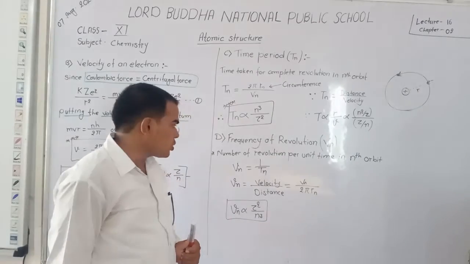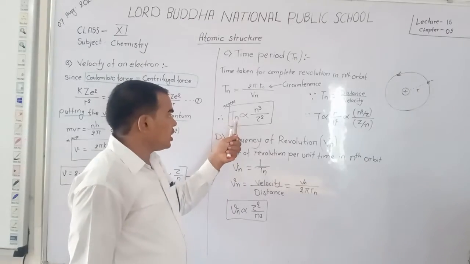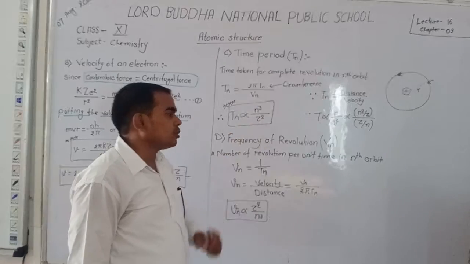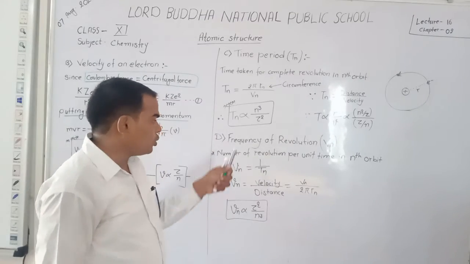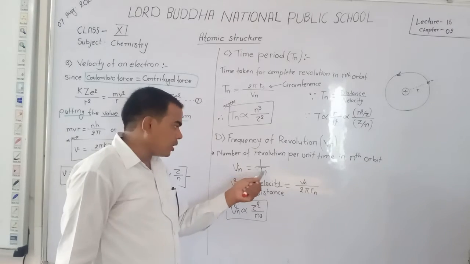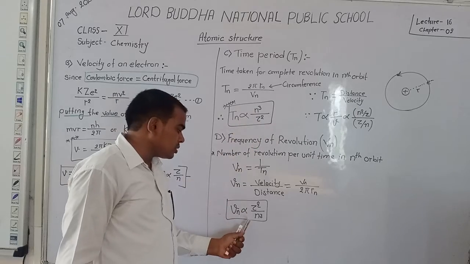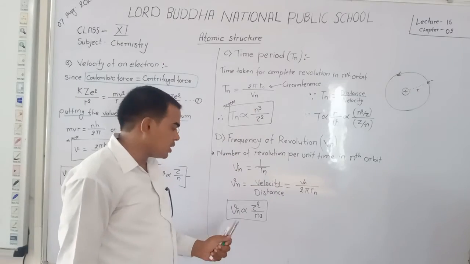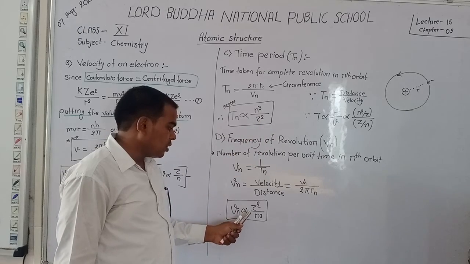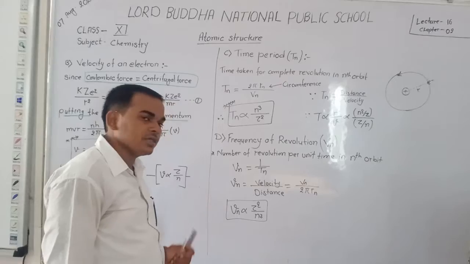Dear student, the time period Tn is directly proportional to n cube and inversely proportional to Z square, and frequency is the inverse of Tn. So in place of n cube upon Z square, we write Z square upon n cube for the frequency.